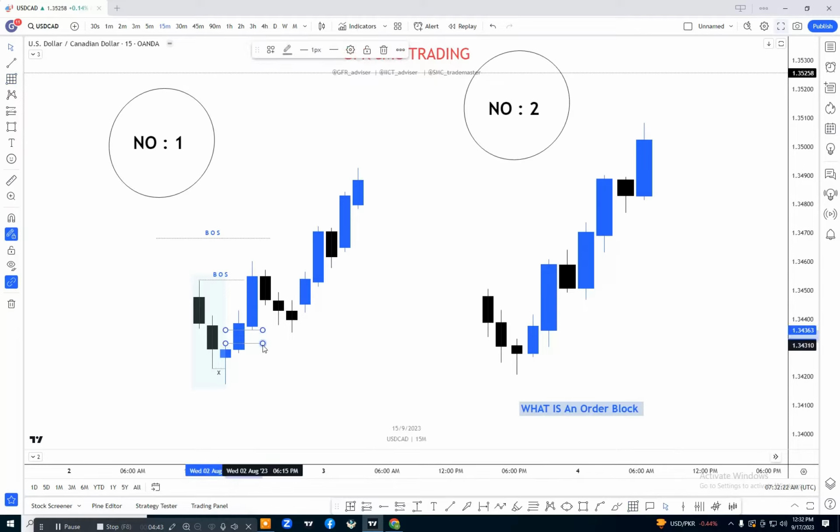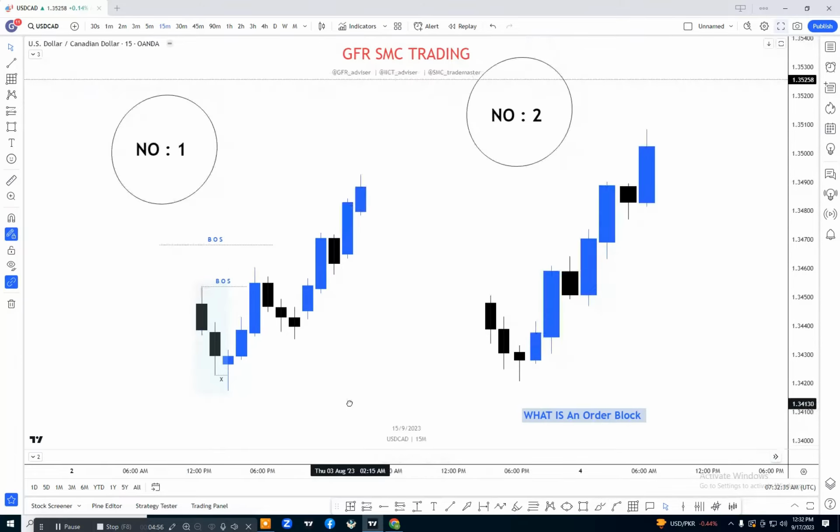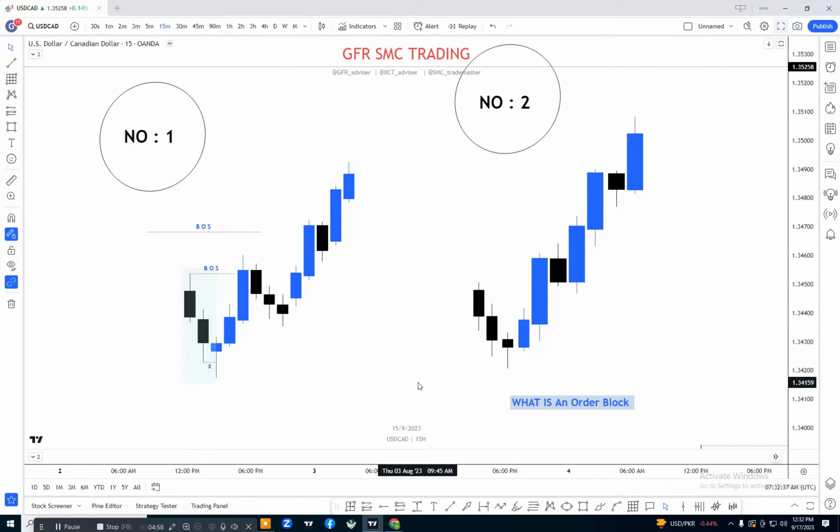Now we can see one more thing, for considering or marking an order block, we need a clear breakout of structure. If there is no breakout of structure, then our order block will have zero value. Order block only will work after the breakout of structure. Now in this whole move, where is our order block?